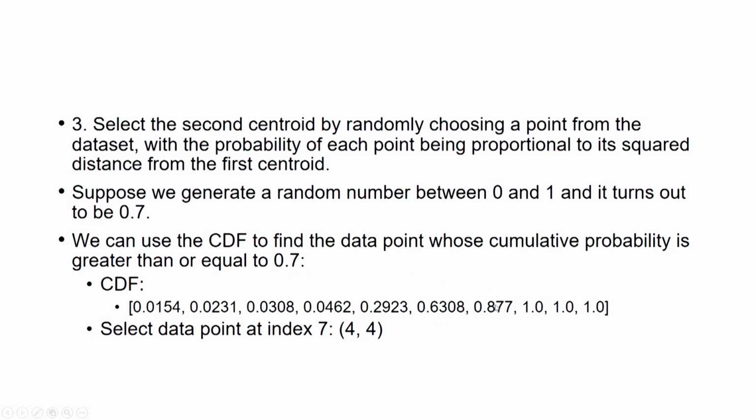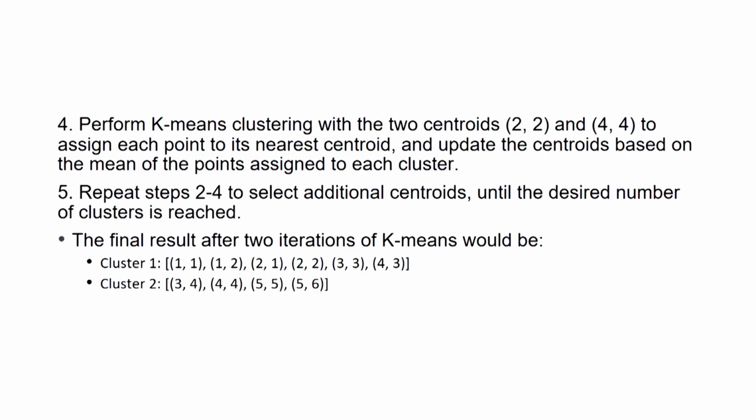So we will see the index of the data point whose probability, when added to the previous probabilities, gives this number. That data point was at index 7, and that index 7 data point is 4. So, this is the data point that will be selected as the next centroid.